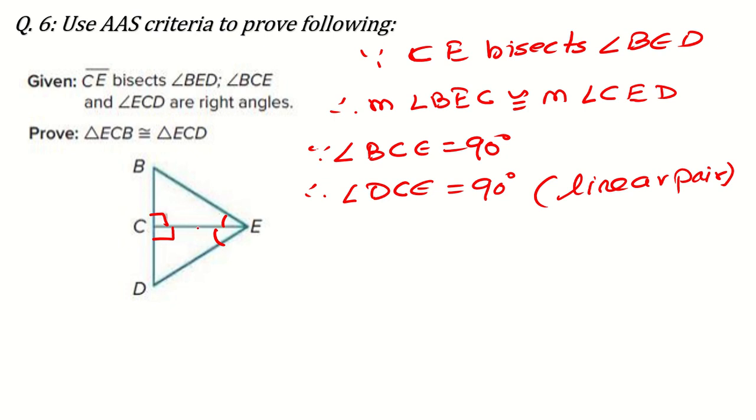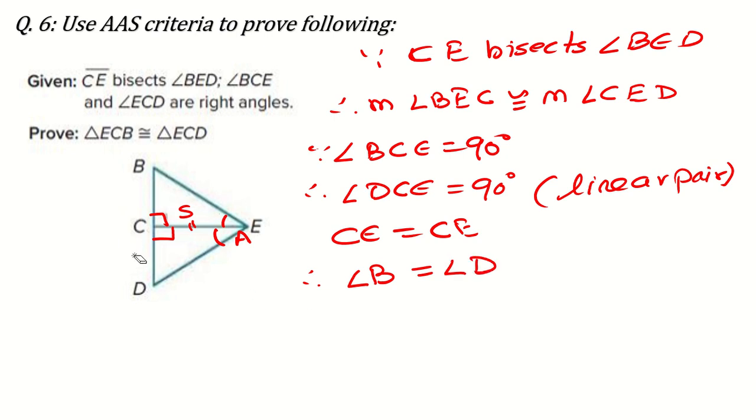Now, two angles we showed equal. Now, this side is common to them. You can see here CE is equal to CE. But the problem is again we are getting the ASA congruency criteria. But what we want here is AAS. So therefore angle B will also be equal to angle D. Why?